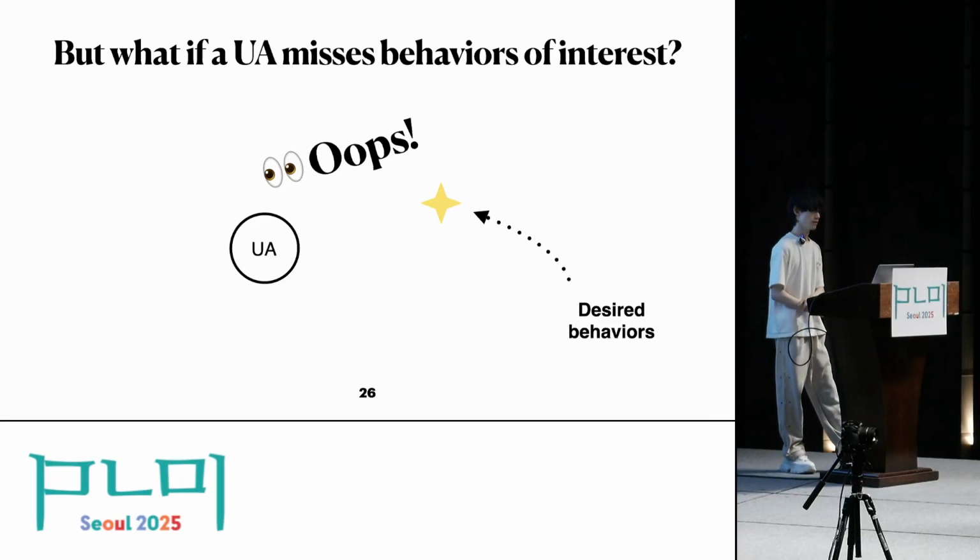Now, we have seen how under-approximations enable us to track a subset of query behaviors efficiently. But what we have done so far is assume a specific under-approximation for queries. So here's the question: what if the particular under-approximation misses the behavior we care about?